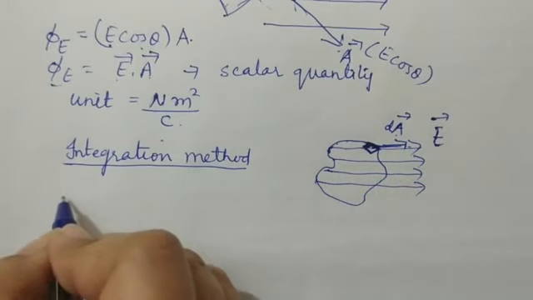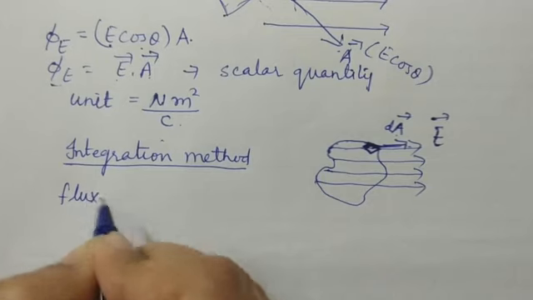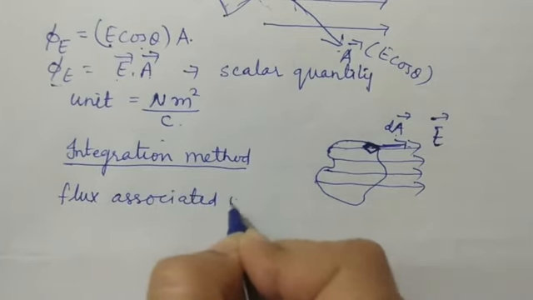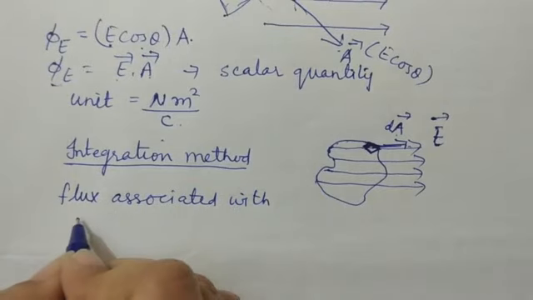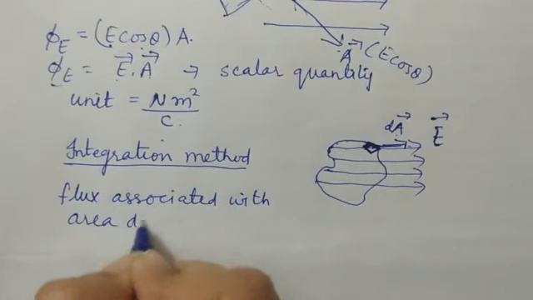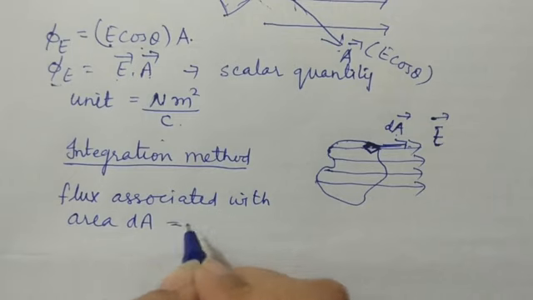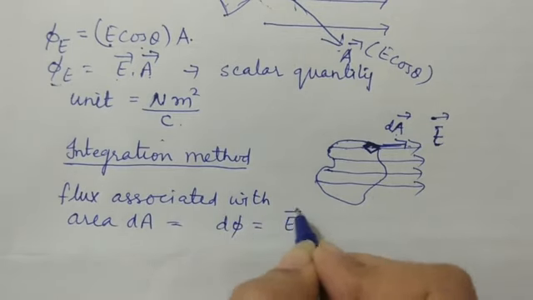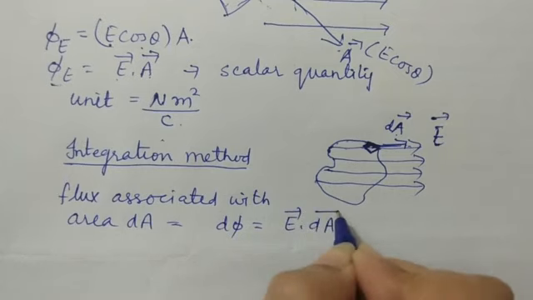Then the flux associated with area dA will be d phi, and that will be given by E dot dA.